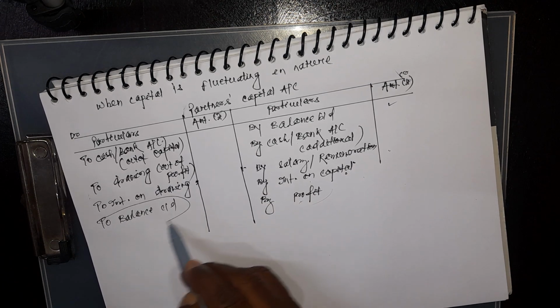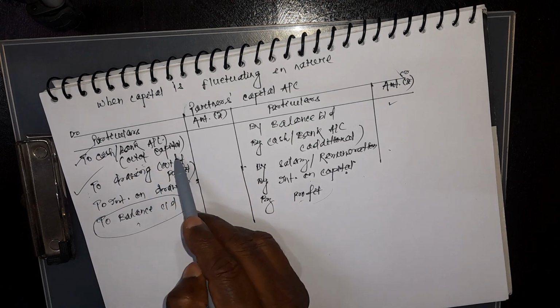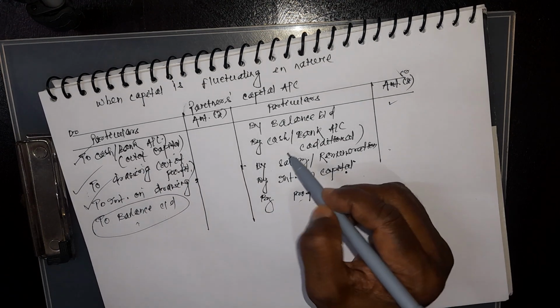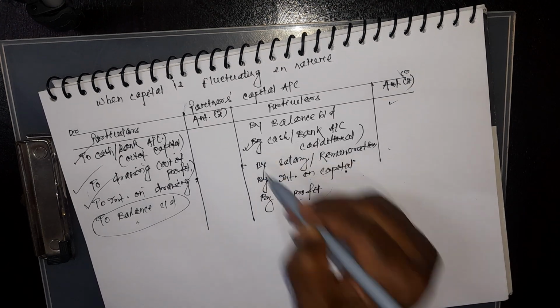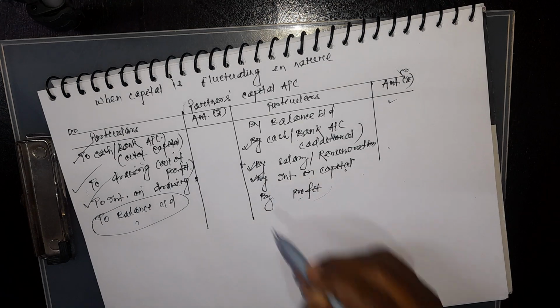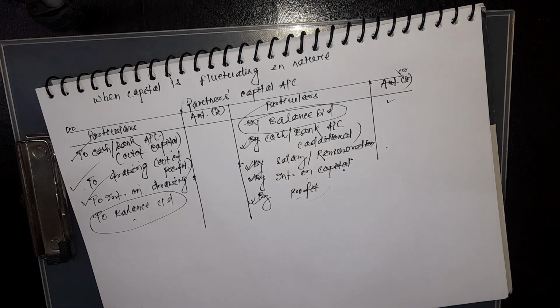Now we can derive the formula here. Closing capital will be given. Closing capital plus drawing out of capital, out of profit, plus interest on drawing, minus additional capital, minus salary or remuneration, minus interest on capital, minus profit, equals opening capital.